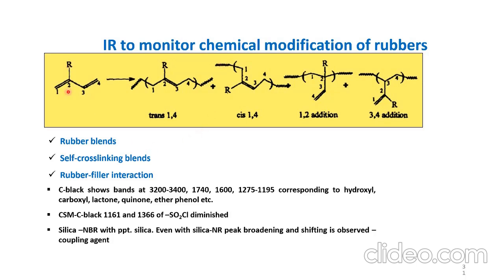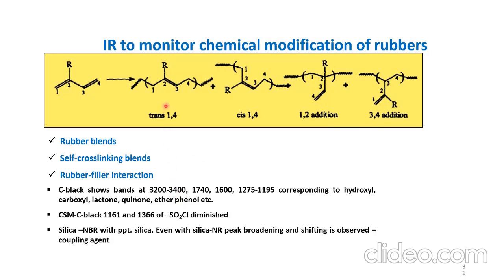Suppose this is the molecule, and if there is a modification in such a way that the structure becomes trans or cis, or takes another kind of configuration, then the shift will be there.